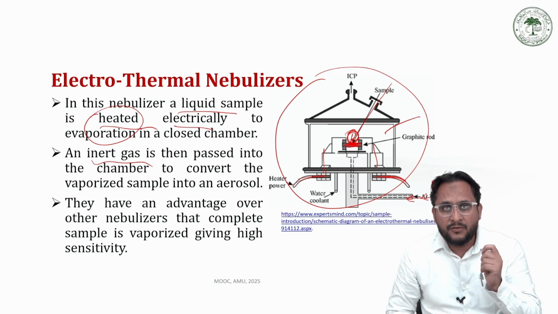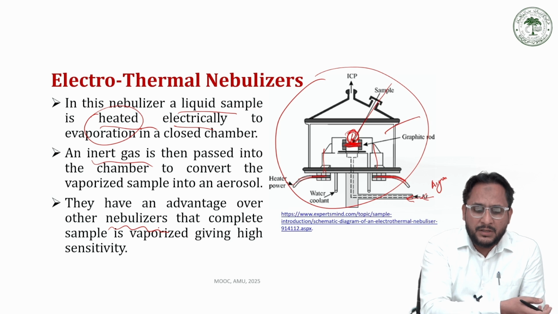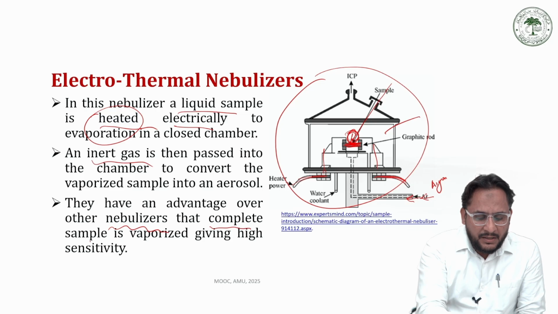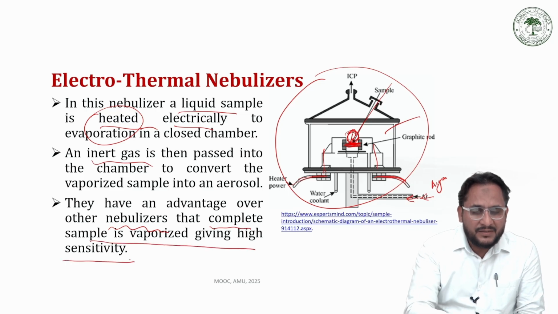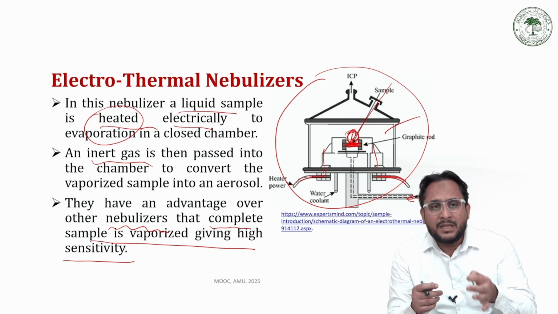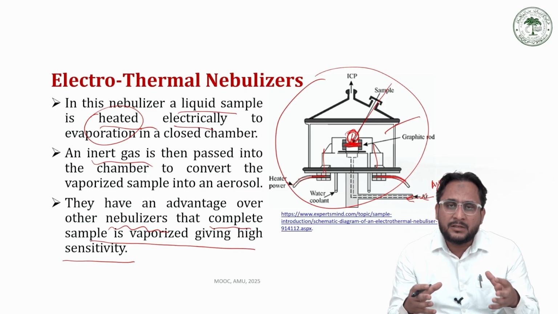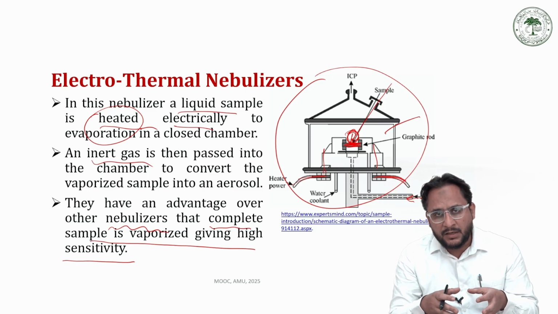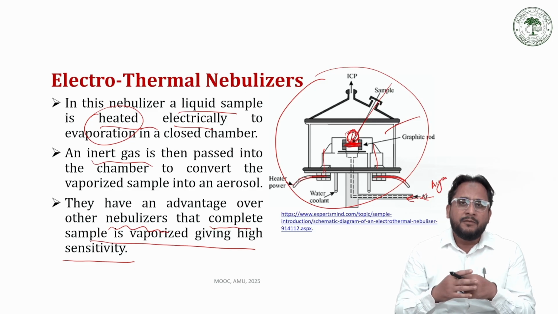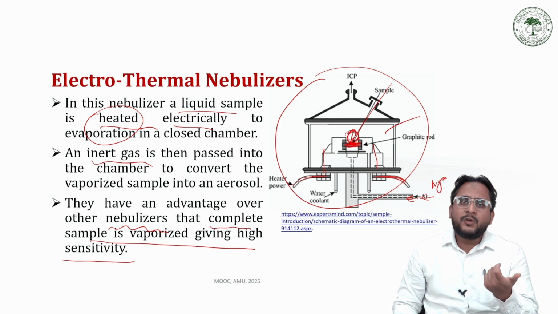The main advantage of these nebulizers over the previous ones, like the pneumatic or jet nebulizers or even our ultrasonic nebulizers, is that this technique completely vaporizes the sample, giving very high sensitivity. Means if we have only a trace amount of sample available, these nebulizers are still very efficient because the loss of sample is very low, especially if we are working on precious metals, for example gold or platinum, and we have traces of these elements present in a sample that we want to analyze.